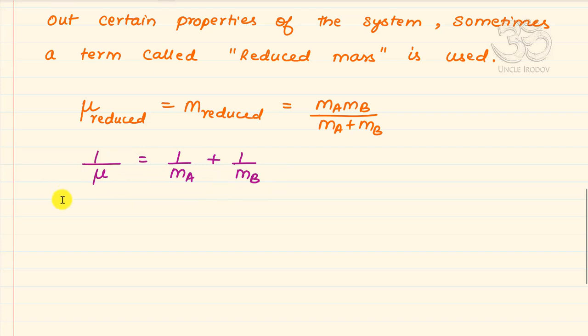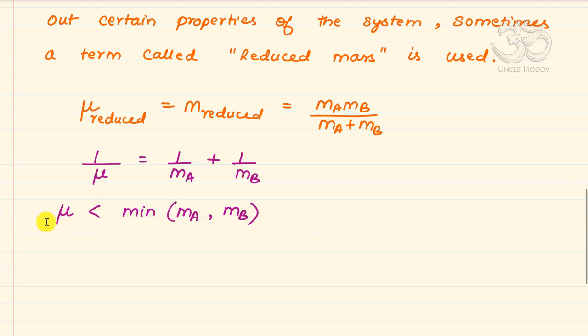So mu has to be less than the minimum of Ma or Mb. In fact, if there were n terms here, Ma, Mb, Mc, Md, Me, and Mf, and so on, then mu would have been less than the minimum of all those masses. So you find out whatever is the least of them, and then you find out the value of mu.